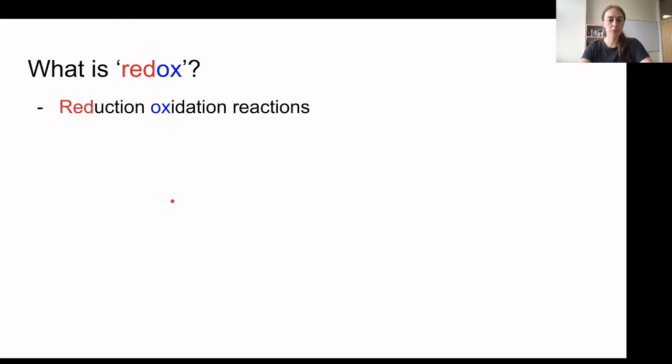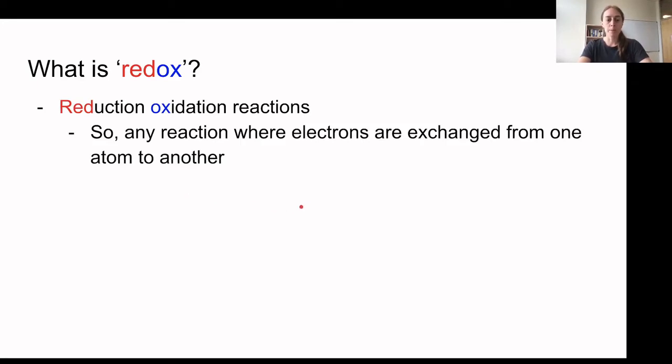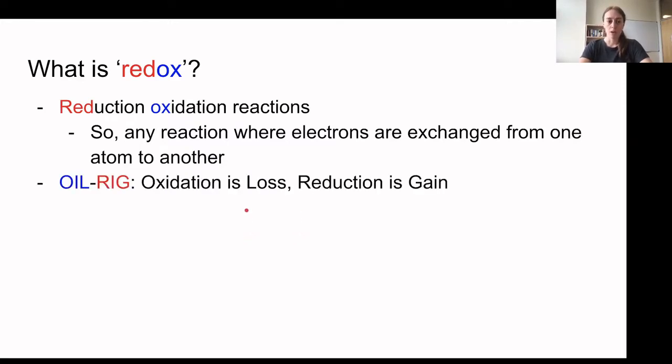So what is redox? Redox stands for reduction and oxidation reactions. That's the full name for it. Any reaction where electrons are exchanged from one atom to another constitutes a redox reaction.